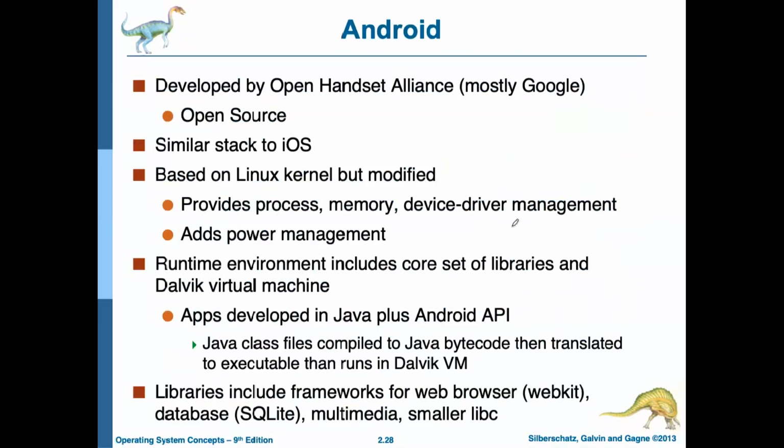The runtime environment includes a core set of libraries and the Dalvik virtual machine. Apps are developed in Java plus the Android API. Java class files are compiled to Java bytecode, then translated to execute and run in the Dalvik VM. Libraries include frameworks for the web browser, WebKit, database SQLite, multimedia, and the smaller libc.